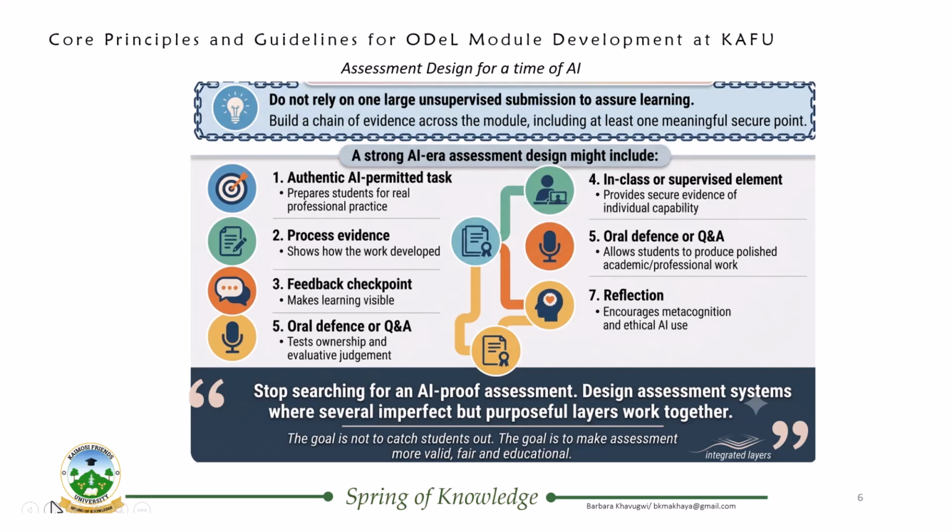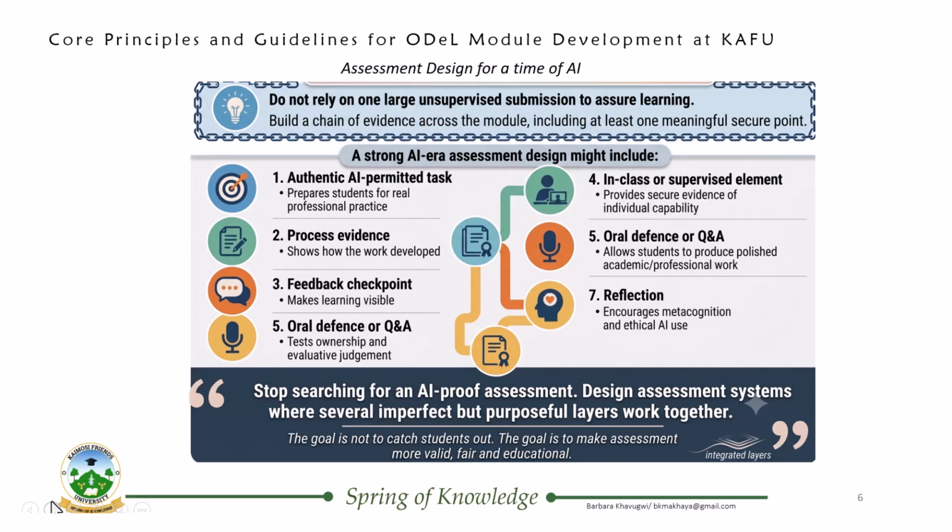So give students an opportunity to explain the process of how they were able to tackle the assessment. Don't just grade the final product, because AI can actually generate the final product, but the process is important. So process as evidence is important in the design of our assessment.